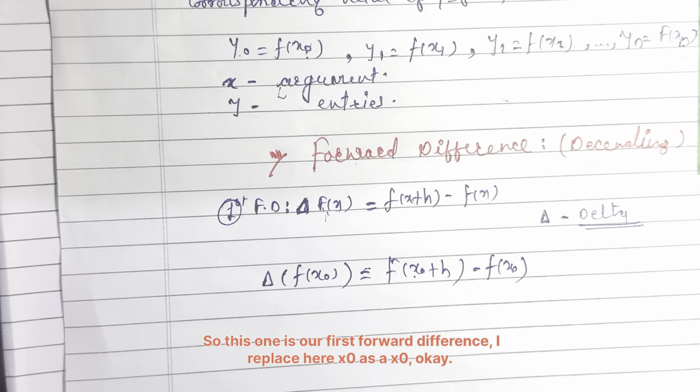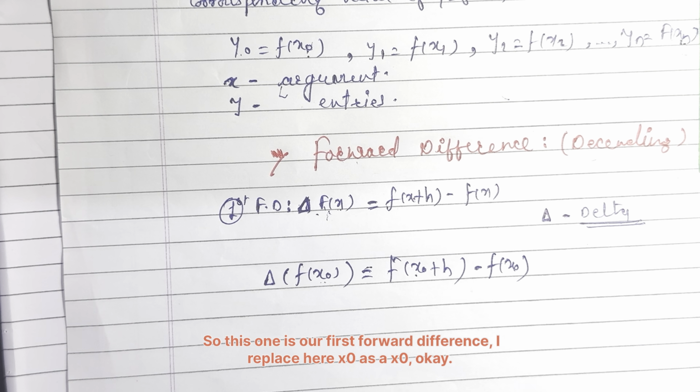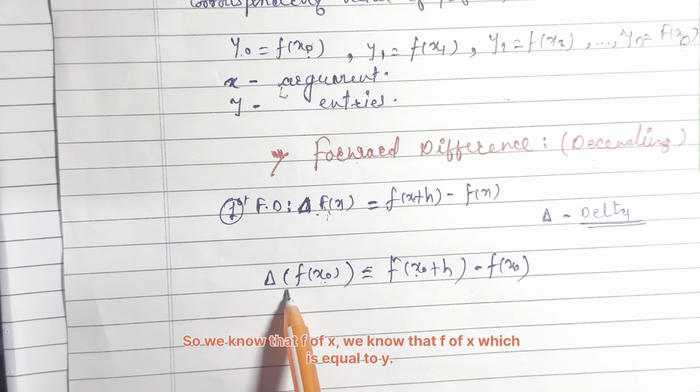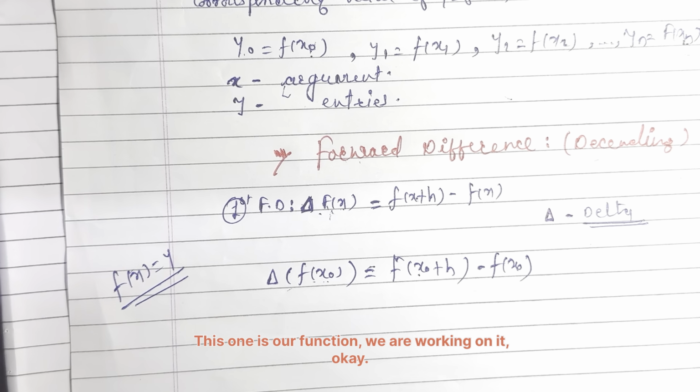So this one is our first forward difference, where I replaced x with x0. I'm trying to find the second forward difference, third, and so on. We know that f of x is equal to y. This is the function we are working on.